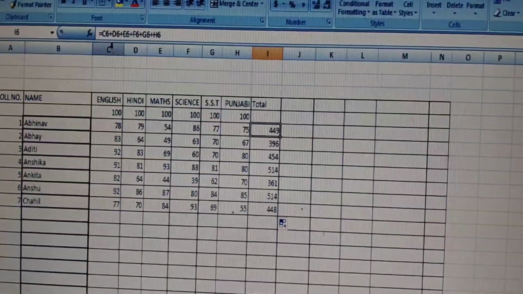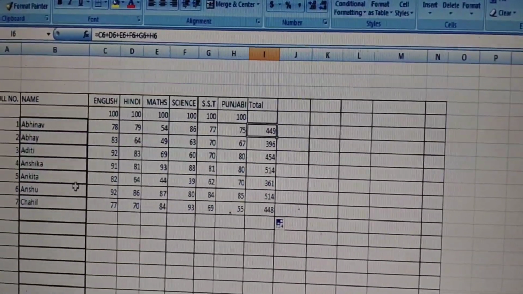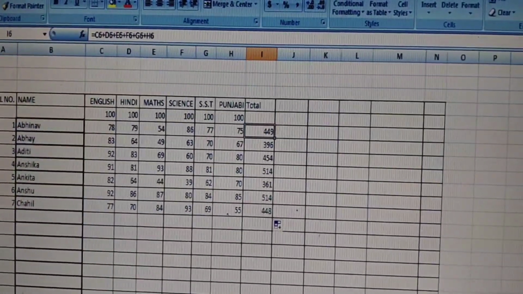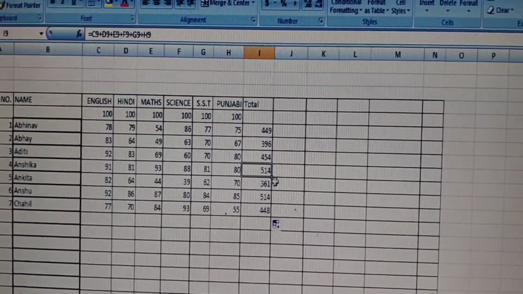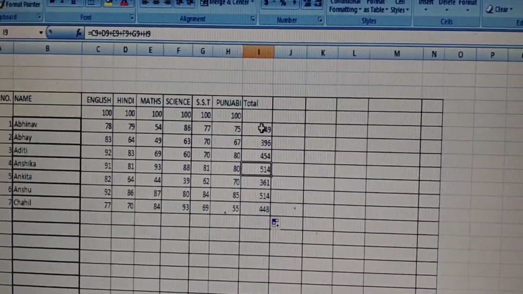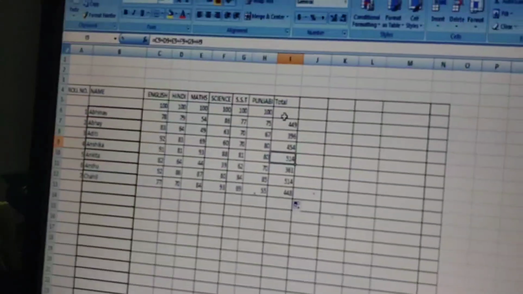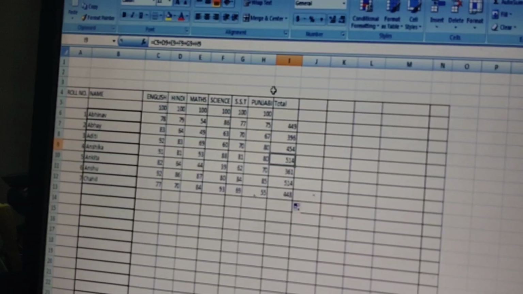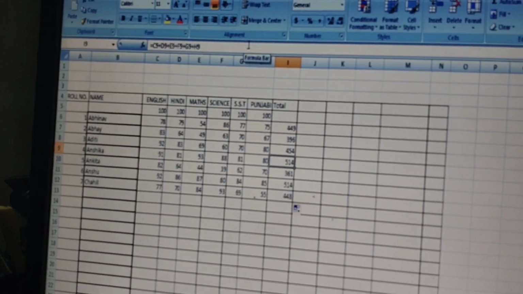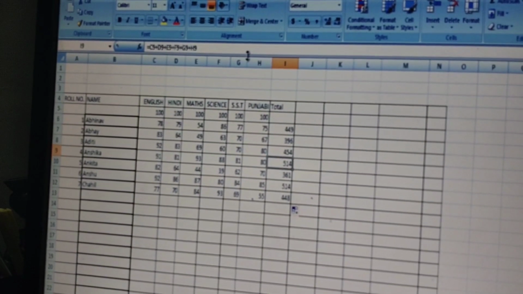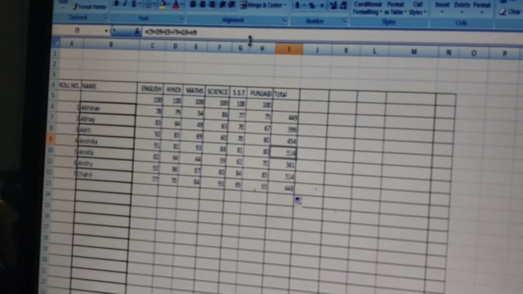Just see, here the address is C6 plus D6 and so on. Here the cell address is changed and the output is also different. So automatically when you are using relative cell referencing, while copying a formula, MS Excel modifies the cell reference. This technique is called relative cell referencing.